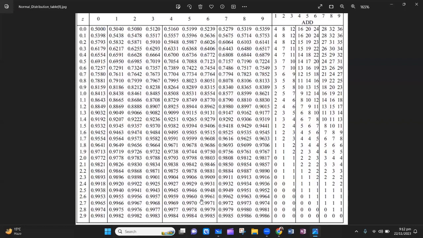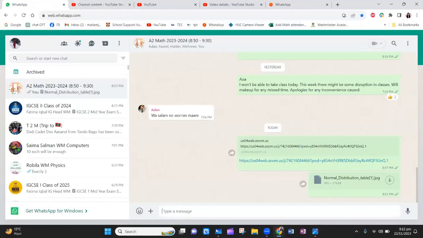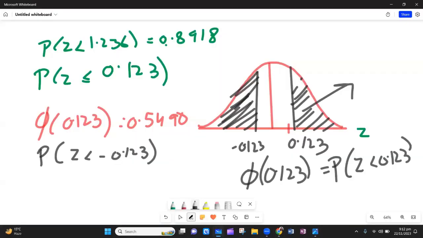So now we have to do another fix. We can find this entire area, which is the maximum probability, which is 1. So we can do 1 minus this area, and it should give us the required area.